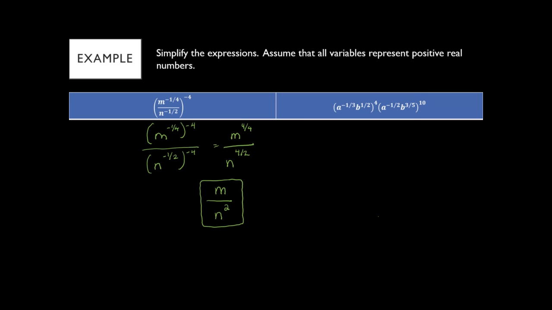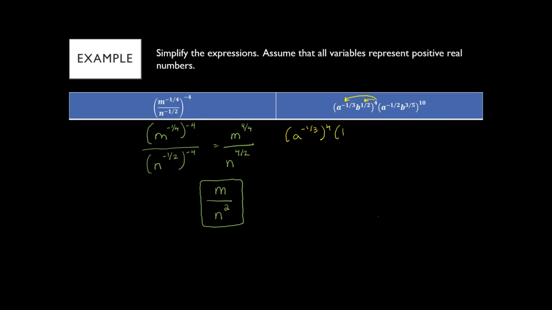Now on the right here, I have a whole bunch of stuff going on, and I'm going to just distribute my exponents, and I'm going to be very careful so that 4 distributes to the negative 1/3. And I just always save my reciprocal stuff to last.